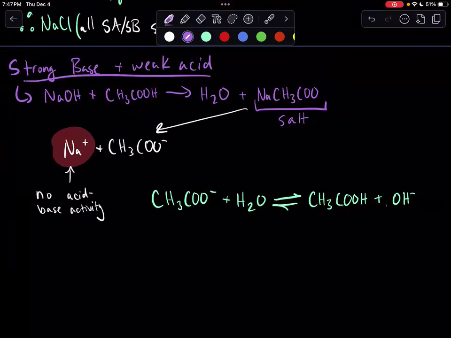As we are left with hydroxide, we will therefore have a pH that is going to be greater than 7. So the salt of the weak acid and strong base will still result in a solution with a higher than neutral pH because we have formed a hydroxide.